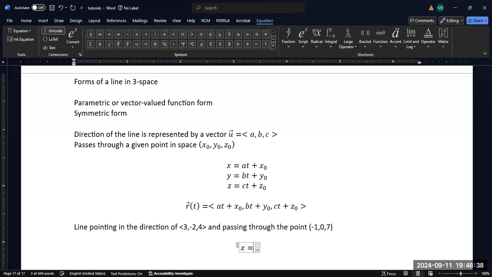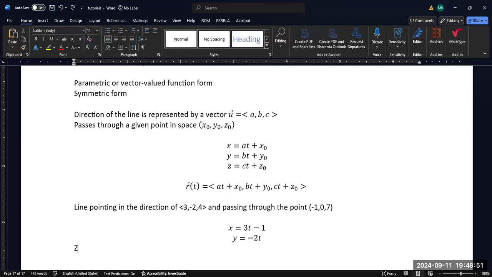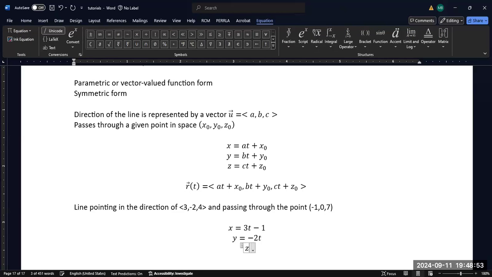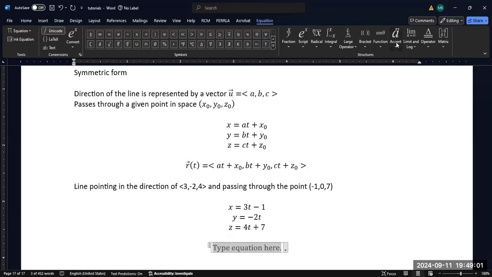So then my parametric equations would be x equals 3t minus 1, y is equal to -2t plus 0, and z would be equal to 4t plus 7. And so in vector valued function form, (3t minus 1, -2t, 4t plus 7).